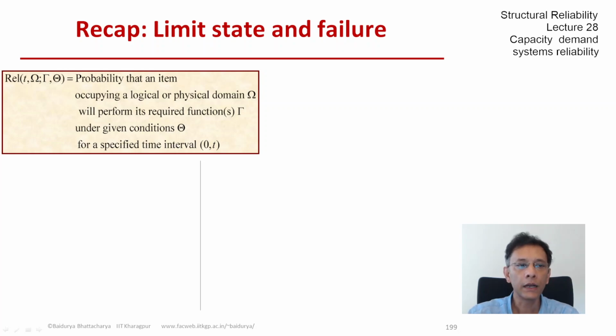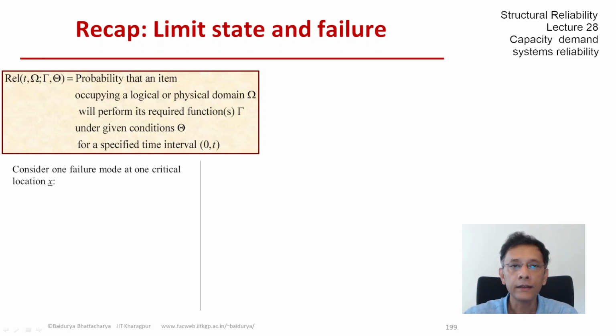This particular item of interest occupies a logical or physical domain, omega. If we fix a particular location x, if it's a physical domain, or more generally, if it's a logical domain, some particular identifier tag of that domain, then we can define failure at that location or identifier as some function, in our case a physics-based capacity-demand function, a safety margin function, going out of the safe set for the very first time.